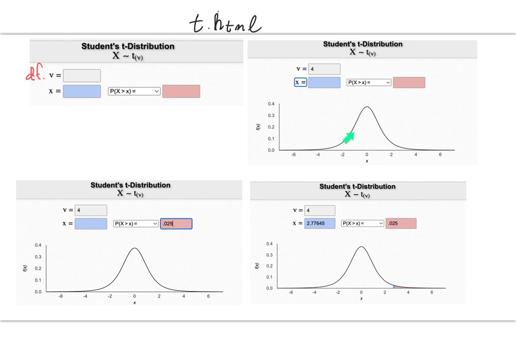That's why this is here. Once you do this, it'll create a graph. And it shouldn't be X, this should actually be T. And then my area of my tail greater than 0.025, that's the one-tailed, right? That was T, that's alpha over 2, will give me just this area up here. 0.025 gives me the corresponding T value of 2.77645.